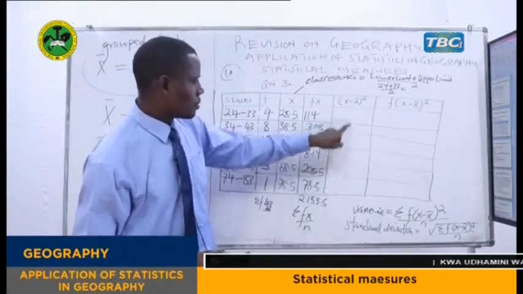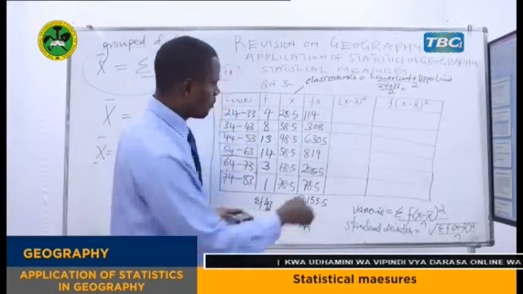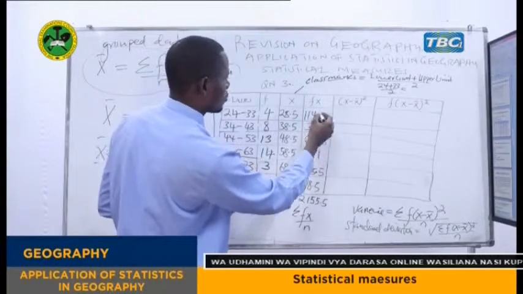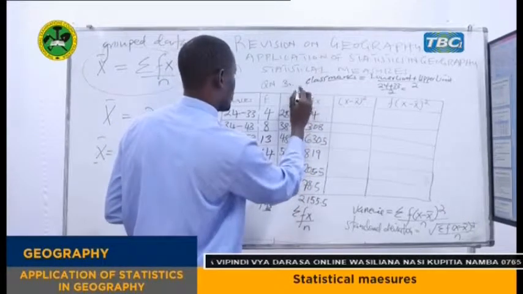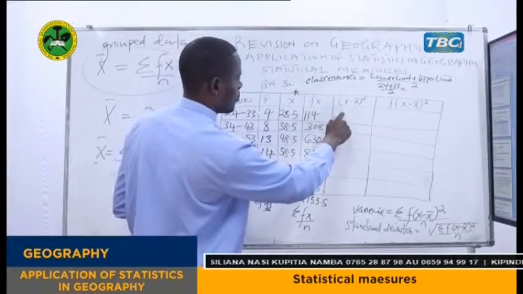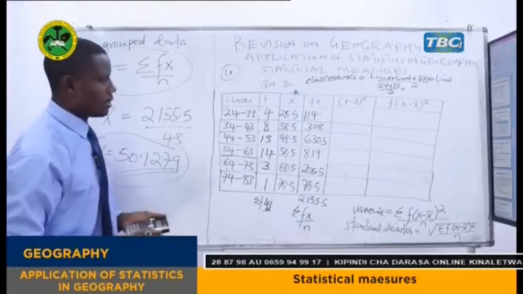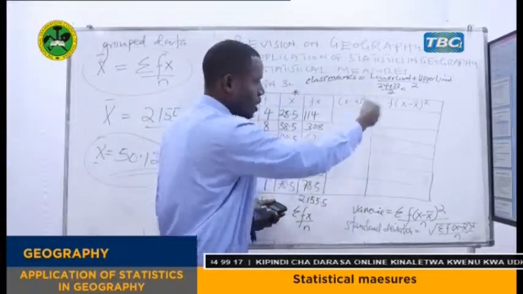And that column is about bracket x minus the mean, then square. So what we do over there, the column for the class mark, we have it here. Then we minus the mean, because we have the mean already, and then we square it.